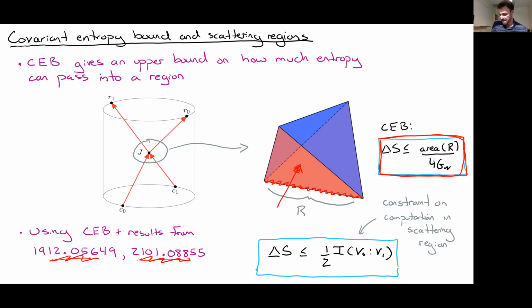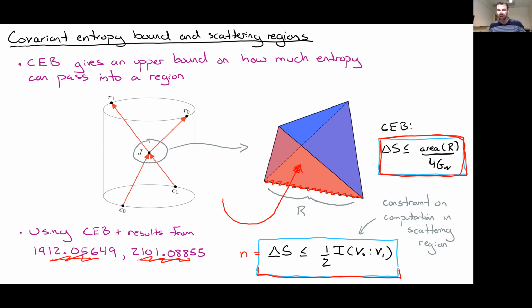And combining those statements, we end up with this thing in the box on the bottom, which is just that the entropy passing into the region will be bounded above by the mutual information in the boundary. In particular, my inputs might be in the maximally entangled state, and so delta S is just n, the number of qubits of input to the computation. So it's saying that I can't do a computation on too many qubits inside of my finite region.